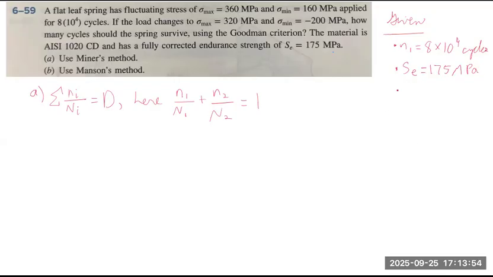We're also given the ultimate tensile strength because we are given that the material is AISI 1020 CD, so cold drawn. So we can find the ultimate tensile strength from that information.